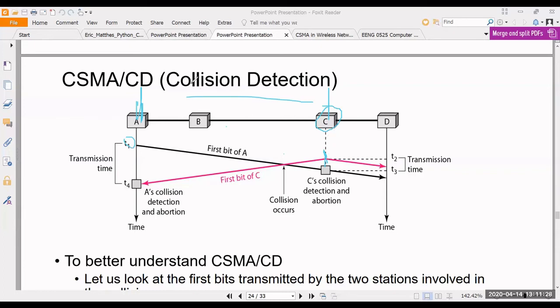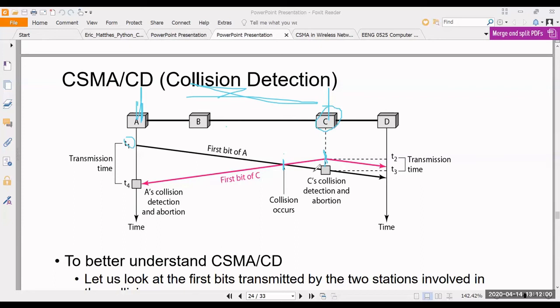But because we are talking about collision detection, because we are transmitting, at a particular point the first bit of A and the first bit of C will crash. In plain CSMA, when we crash, the whole frame that C has sent is crashed, because we didn't talk about how to work when there's a collision.